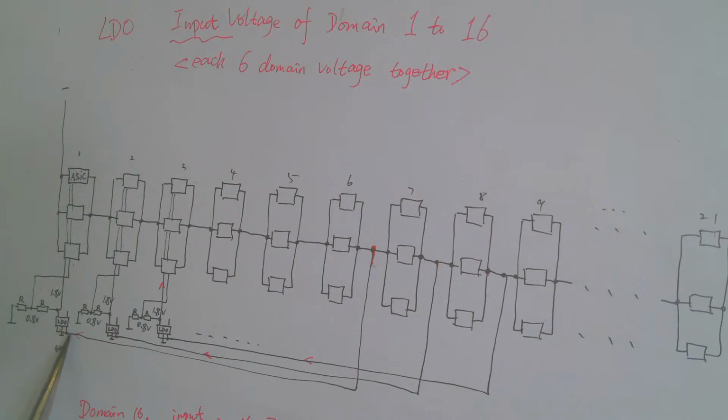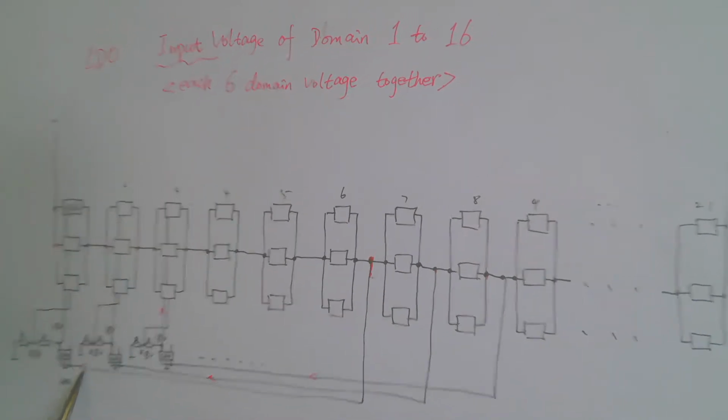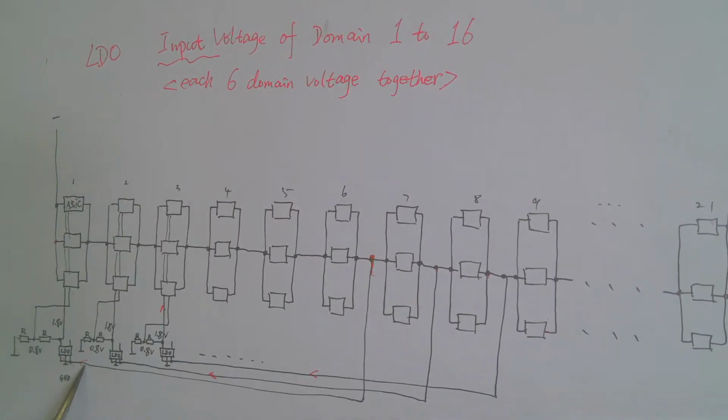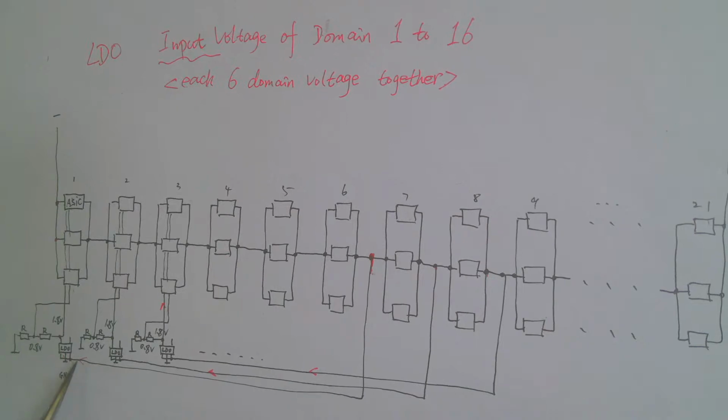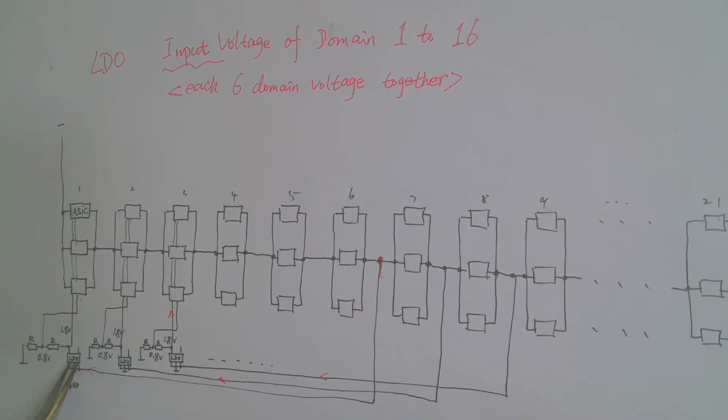So we test pin 3 or pin 1 and touch the heatsink of domain 7, then we can get the input voltage for this domain's LDO.